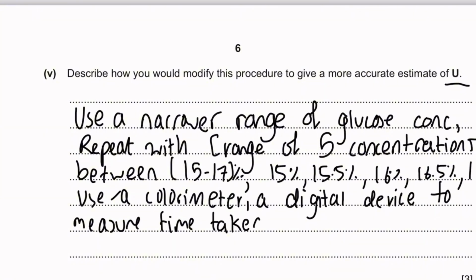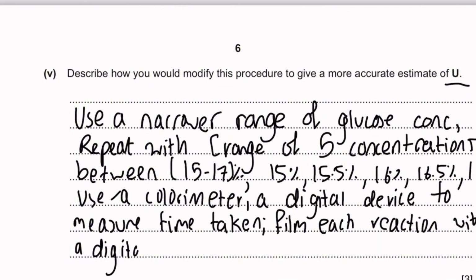So for example, you write down here, film each reaction with a digital timer in the video. For the color change, you could also do each experiment on its own.